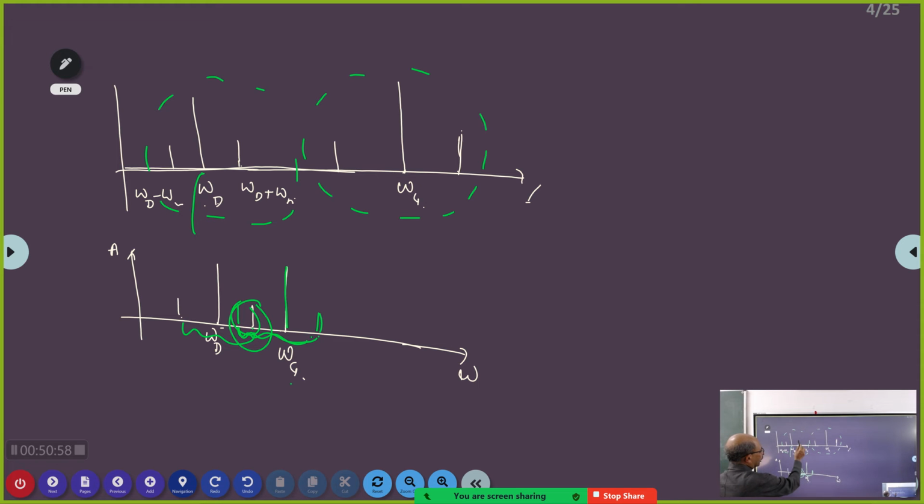Here you see there is a difference between these two, and if this is sufficiently large, then there is no overlapping. Got it? Yes, that is what they have told: sufficiently spaced so that the sidebands do not overlap, different stations can operate without interfering with each other. Right. I hope that is also clear.